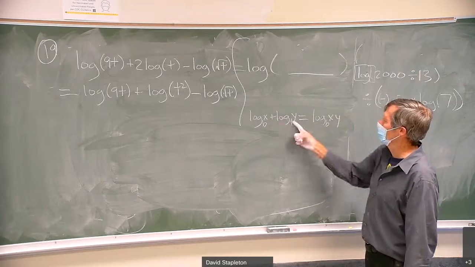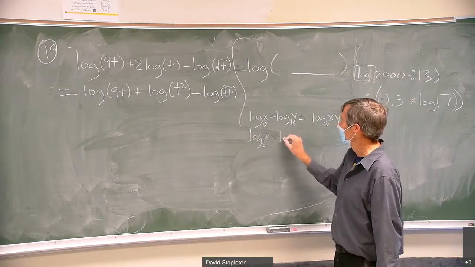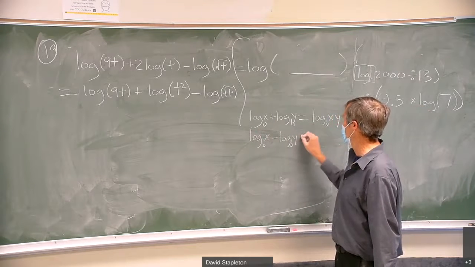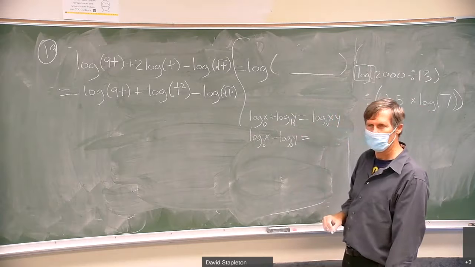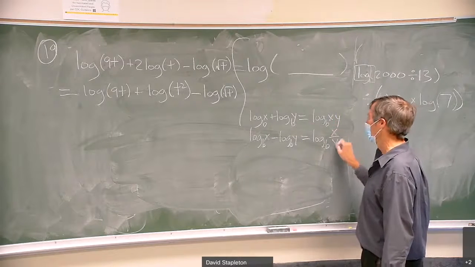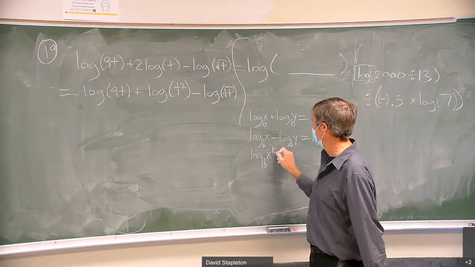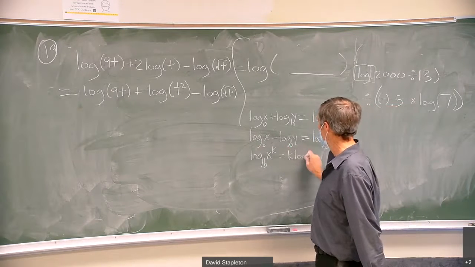Log of the product is the sum of the logarithms. We had a bunch of properties here, I'll remind you, but you want to know all these for the test. Log x minus log y is log of the quotient, log of x over y. And then this one we wrote earlier, log of x to the k is k log x.